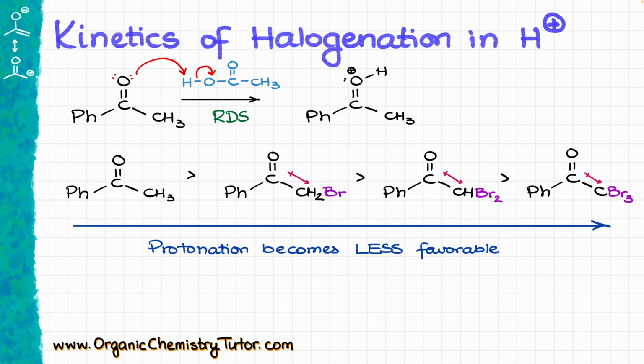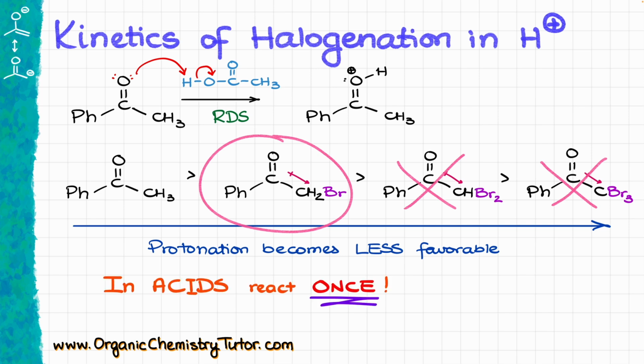And as protonation becomes less favorable, we are essentially going to stop at the formation of the first product, and we are not going to proceed with the other ones. So the other two possible products are typically not going to be observed when we are dealing with this reaction in acidic conditions. So remember, in acids, we're only going to react once.